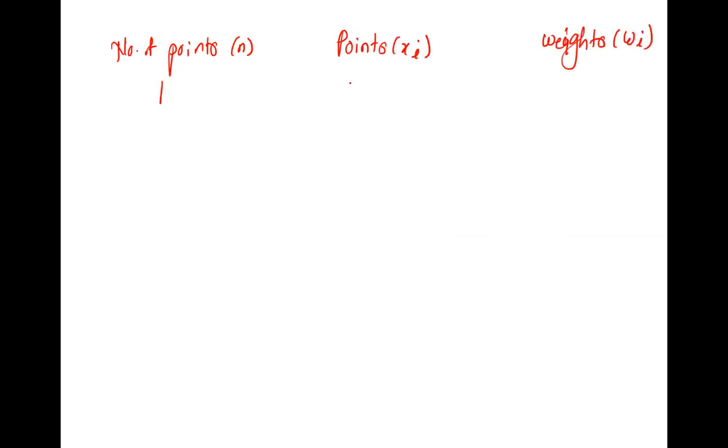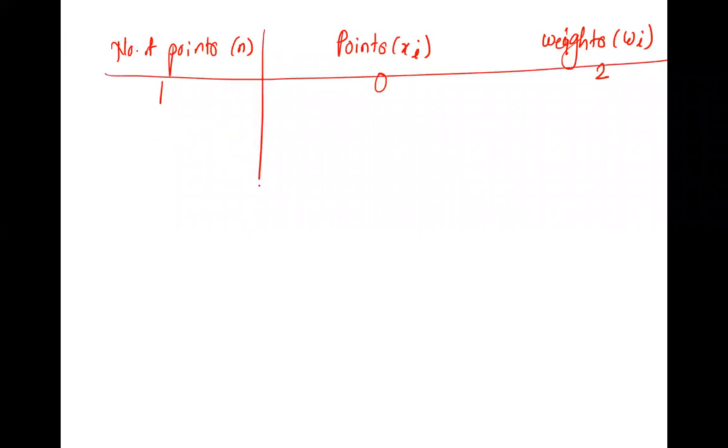So there can be number of points, that is n. Then second is points, that is the values of xi's, and then weights, that is wi's. So if one point is there, then value of x is 0 and weight is 2.